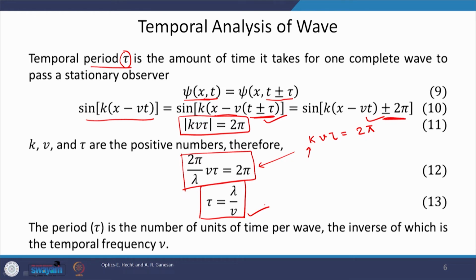The ratio of lambda to v gives the expression for tau, and the inverse of tau defines the temporal frequency nu. I would also like to mention here that k is also called spatial frequency, and the inverse of tau is our temporal frequency.